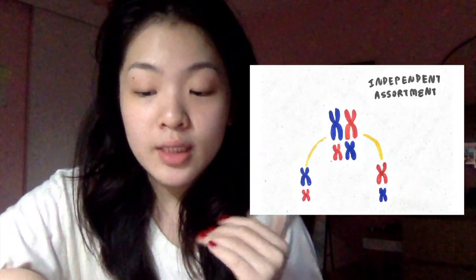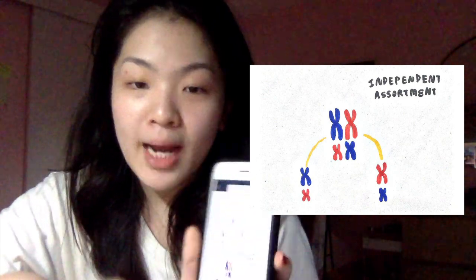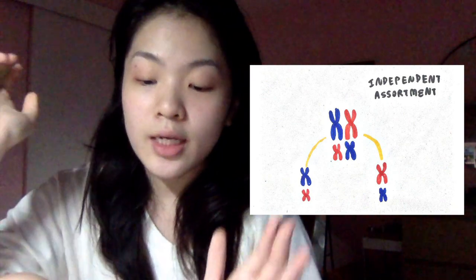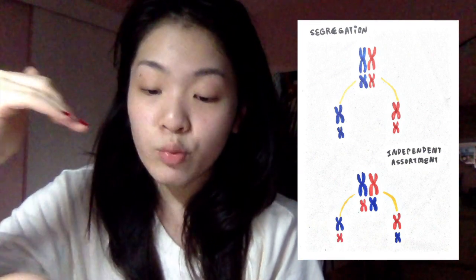So the difference between the law of segregation and independent assortment: you can tell that the law of segregation is more normal, it's very basic. But for independent assortment, you can tell that there's a little bit of mix and match going on here at the bottom, with red and blue, blue and red, but compared to the law of segregation, it's just red and red, blue and blue.